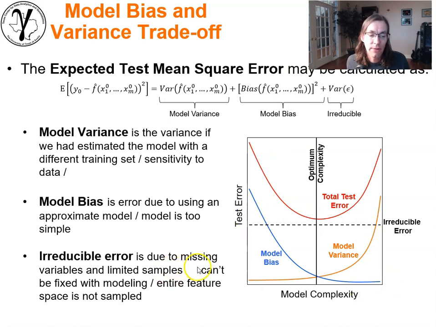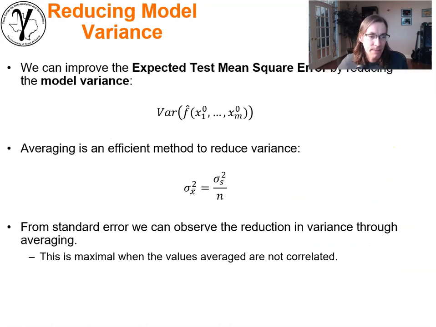That's just error due to the fact that you don't have enough data. You haven't sampled enough. You haven't sampled the entire range of the predictor features. Maybe you're missing a predictor feature that you could have sampled that would have helped you. And that's independent of model complexity. That's just always there, irreducible error. You sum them all up together and you get the total, the expected test mean squared error right there. Okay, so what's that tell us?